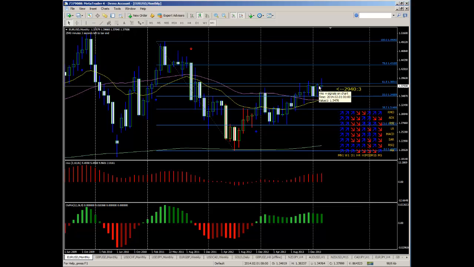But the most important thing that's happening here is that 61.8 monthly fib level, which I've drawn from my high in February 2011 down to my low in 2012. You can clearly see that the 61.8 level has still been a major resistance level for this pair. We're going into our 6th consecutive month now where we've seen resistance at this level, which is not a good sign.